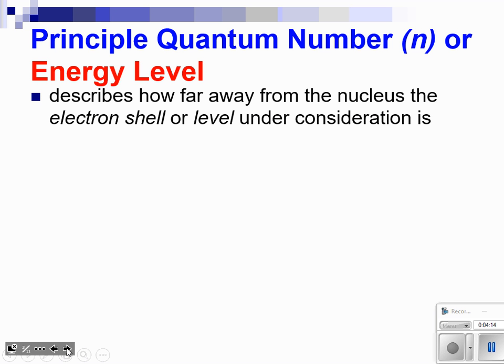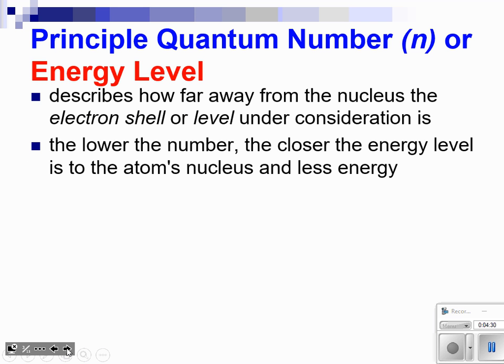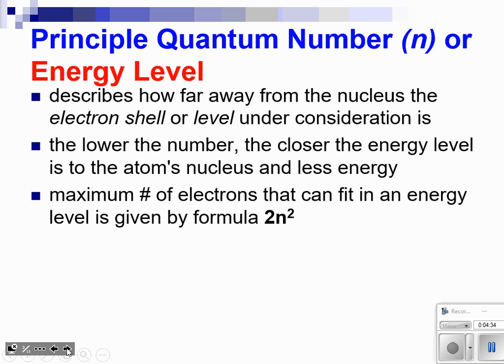So principal quantum number 1, which has hydrogen and helium on that energy level, is going to be very close to the nucleus. If we're talking about energy level 7, it is further away from the nucleus.